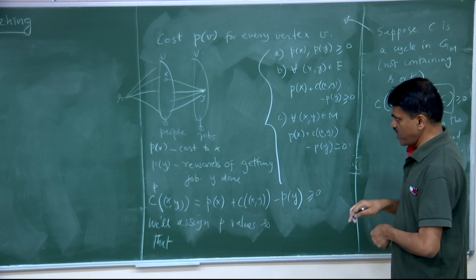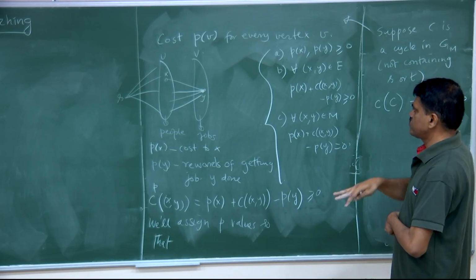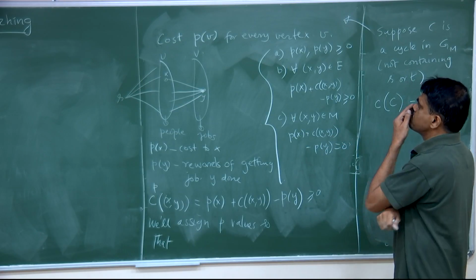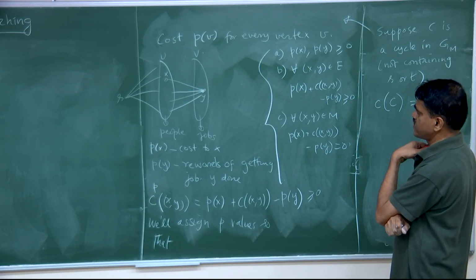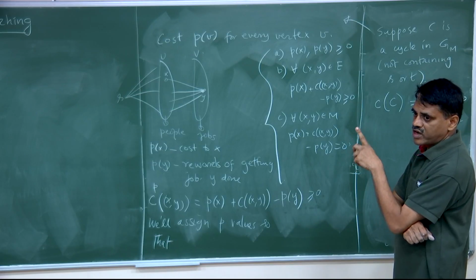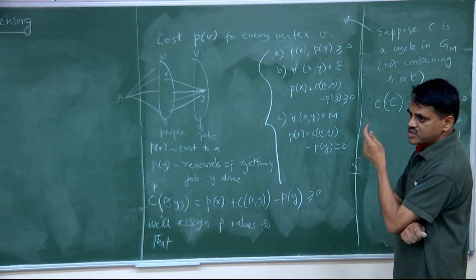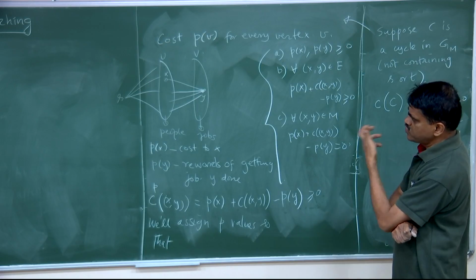So that means P of y is less than or equal to cost of xy. So I could assign 0 as well for y. Assuming the costs are all non-negative, I could assign for every y 0 and it will still satisfy.